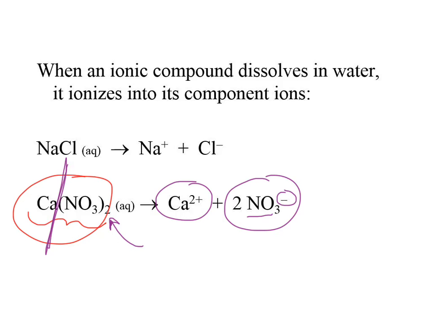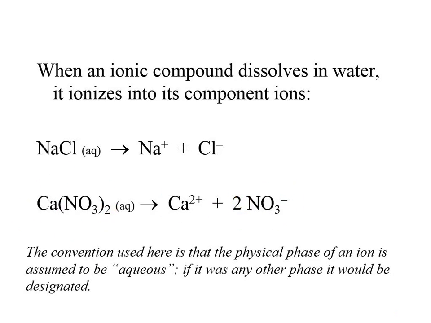The most important point here is the 2. The one thing I want you to focus on is if I have 1 mole of the calcium nitrate, this is how the problems are going to go. Notice I get 1 mole of Ca2+, and I get 2 moles of NO3-. That's the big thing there.